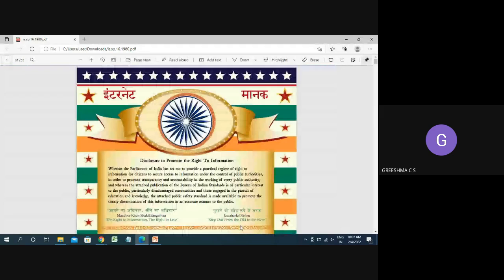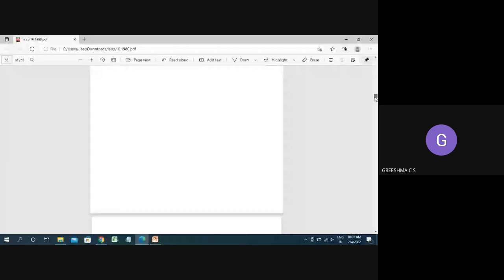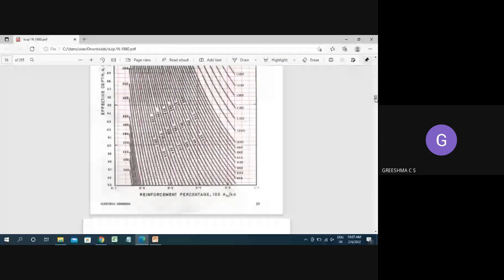First we have to complete this problem. It is the same as the previous one, only that 1-2 step is extra. So SP16 chart 44, you can take chart 44.